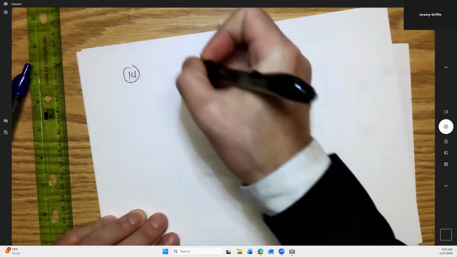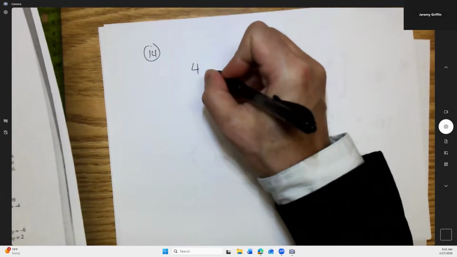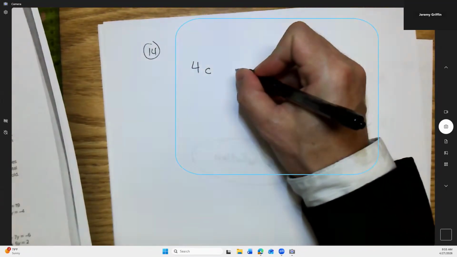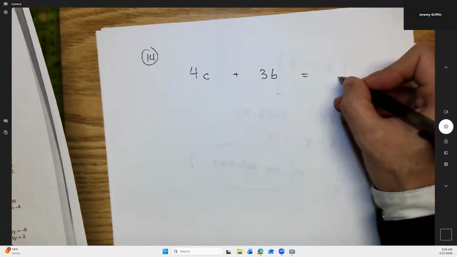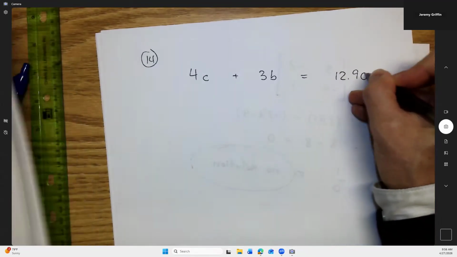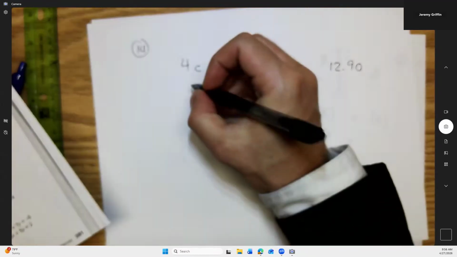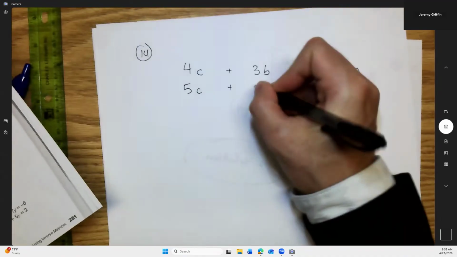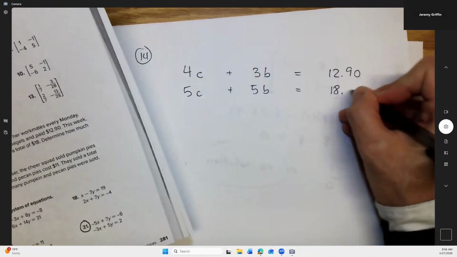Okay, 14. I think what I'm going to do is say 4 cups of coffee times the price of coffee plus 3 bagels times the price of a bagel has to add up to $12.90. And then later on, 5 cups of coffee plus 5 bagels adds up to $18.